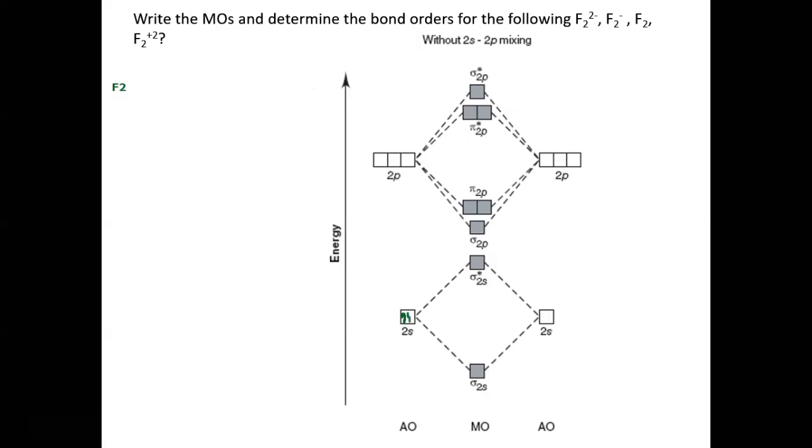Pretty much for the 2p diatomic molecular orbitals, the 2s is always going to be completely filled. Now, each fluorine has 5 2p electrons.